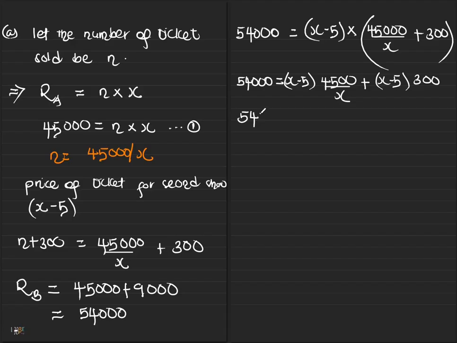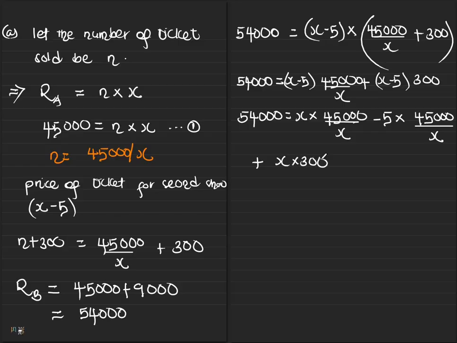So we have 54,000 equal to x times 45,000 all over x. Then the negative 5 also does the same, so negative 5 times the 45,000 all over x. Then you come to your plus, and then x multiplies 300 to give us x times 300, and then negative 5 also multiplies the 300.